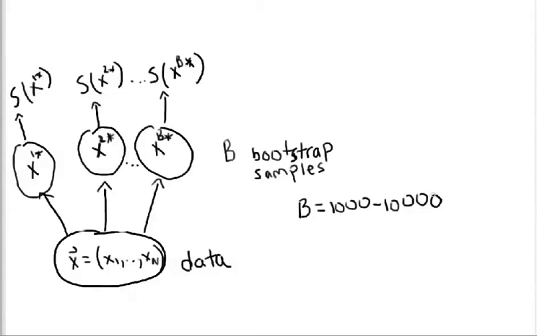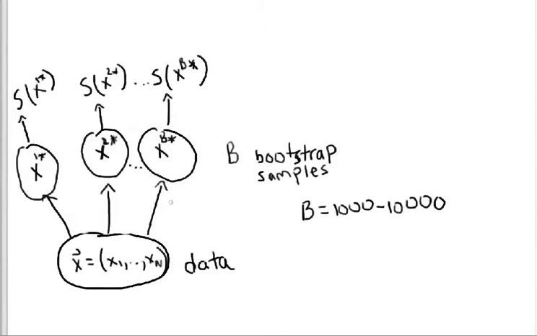So we create B bootstrap samples, denoted here as X star, and each of these X stars were computed by sampling with replacement from our original array, our sample vector, such that we could get the same sample value in a given array more than once.